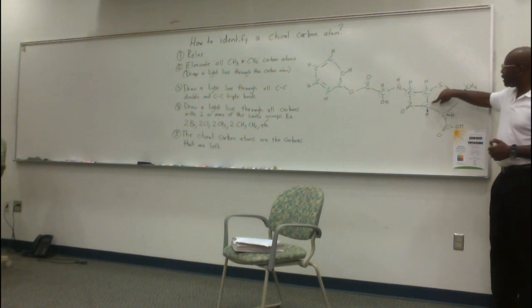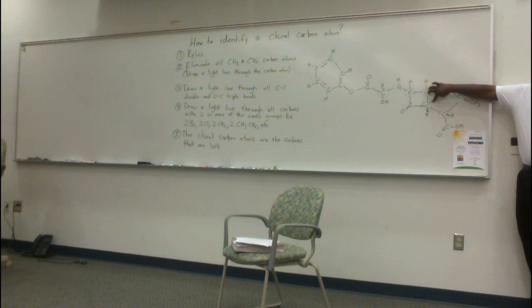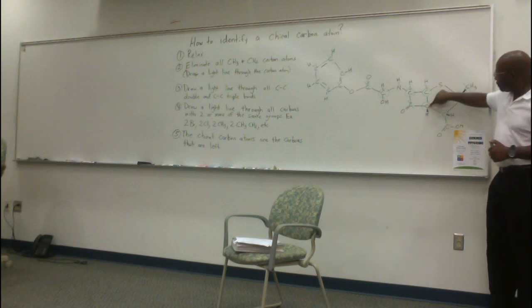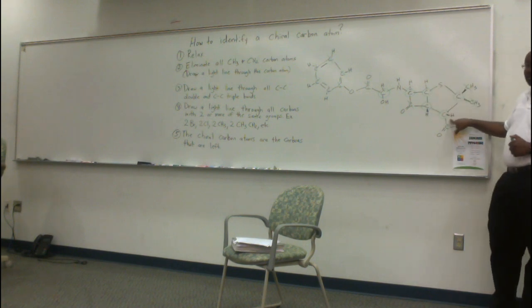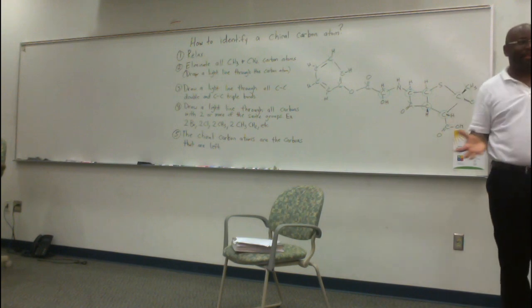Does this carbon atom have 2 of the same groups? What are the 2 same groups? We have a CH. This is a CH with an S, and this is a CH with an S. When we look at a CH, it's the CH by itself and what's attached to the CH.